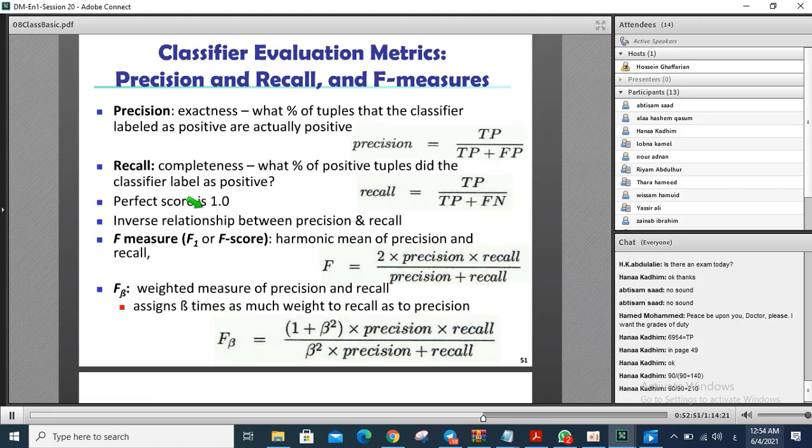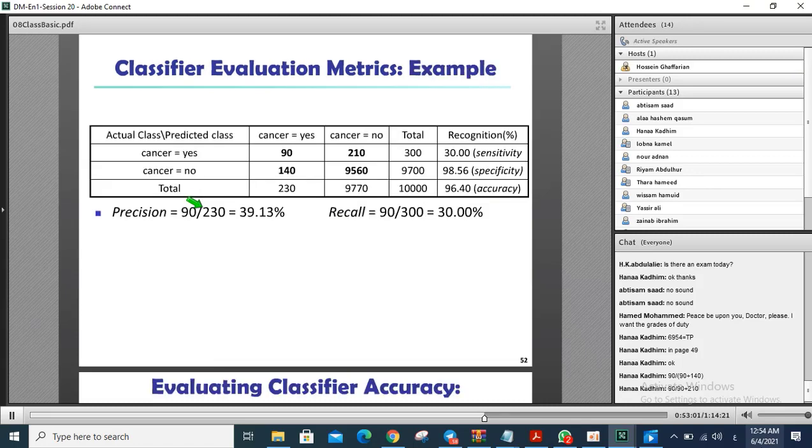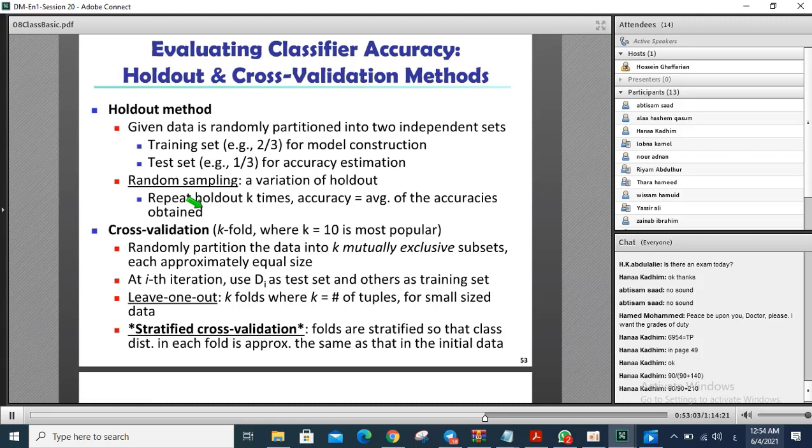So here we define some measures to qualify classifiers. But there are some other important notes. We should be clear about them.